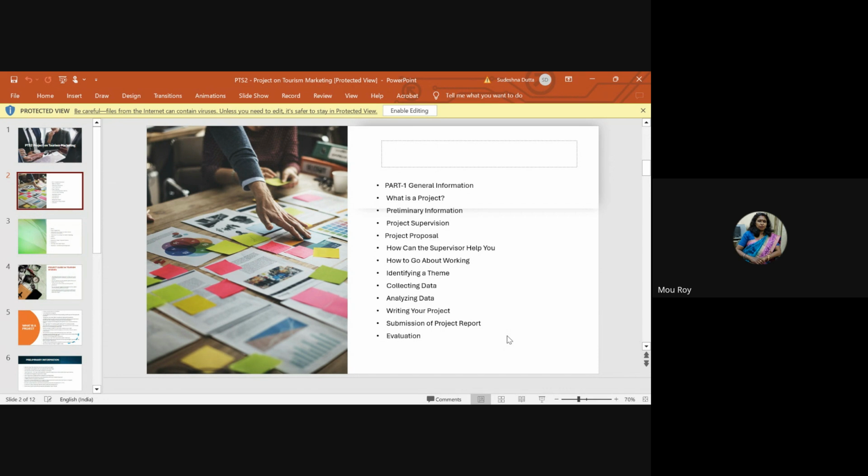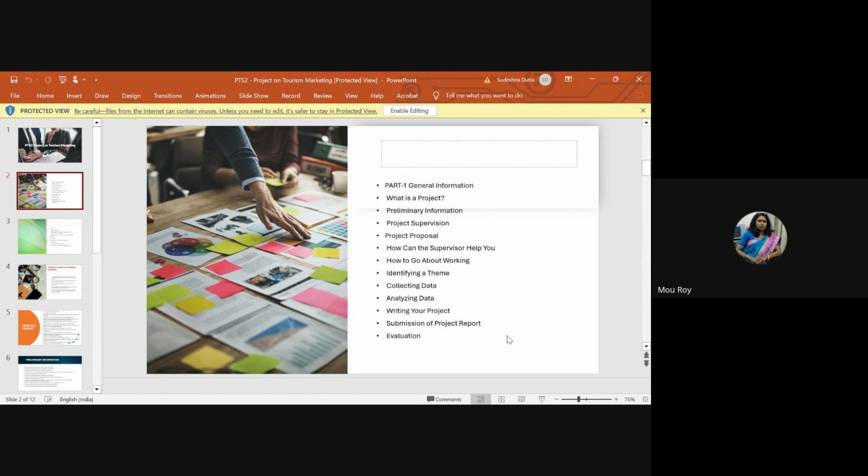Suppose you can always select a destination at your place, and how to promote that destination, or a destination in Nigeria, how to promote that destination of Nigeria, or maybe something about culture, food, local cuisine, or cultural heritage.